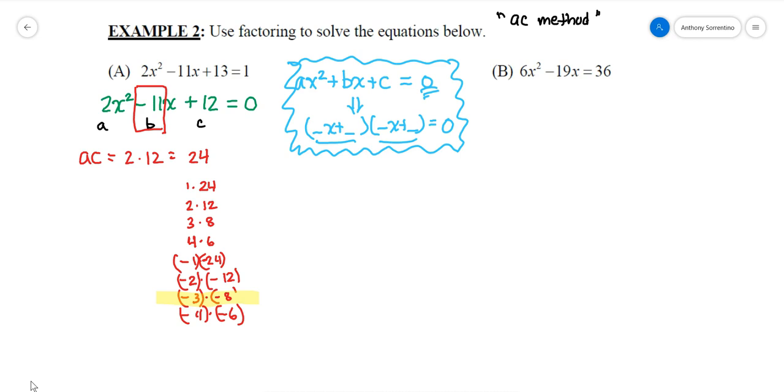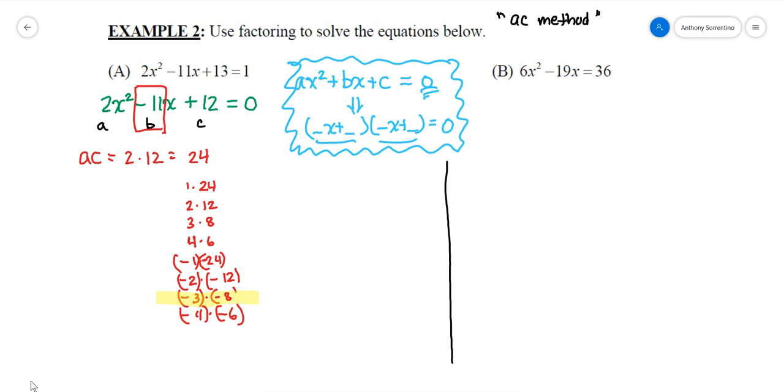term. And so what that allows me to do, give myself some more room here, is now split the middle term into a minus 3x and a minus 8x.